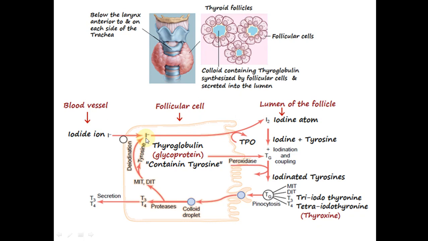But before the iodine can be incorporated into the thyroid hormones, it must first be oxidized to elemental iodine, the atomic form of the iodine. And this oxidation is brought about by the enzyme thyroid peroxidase.